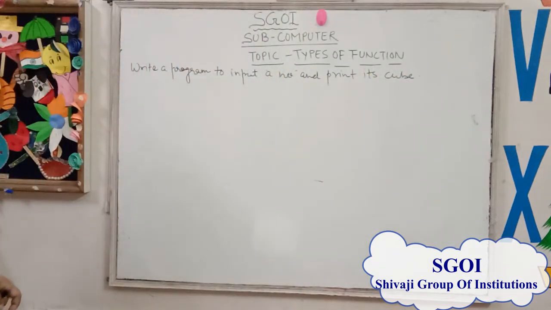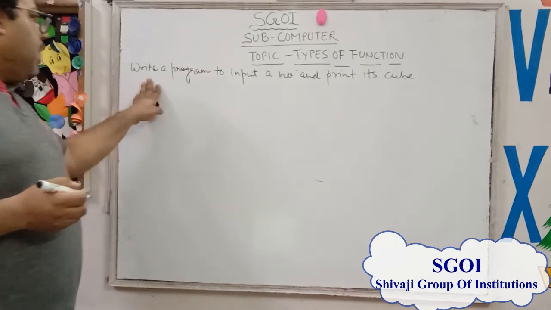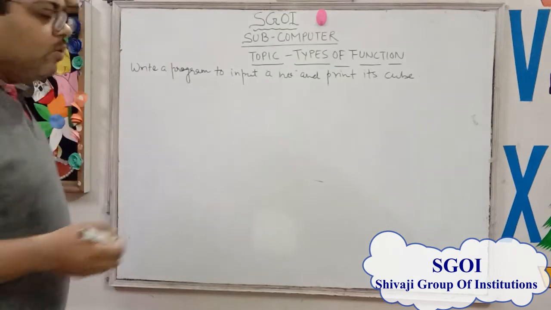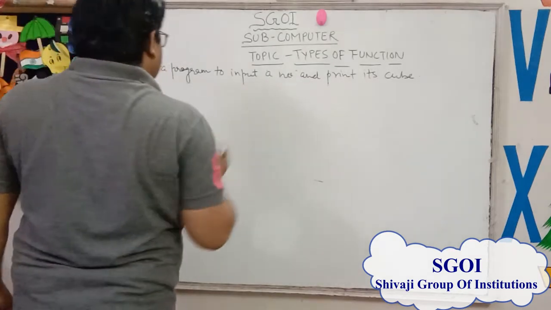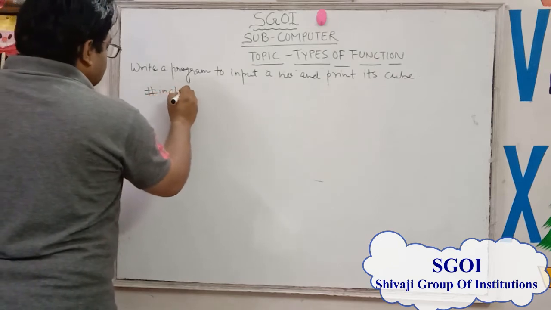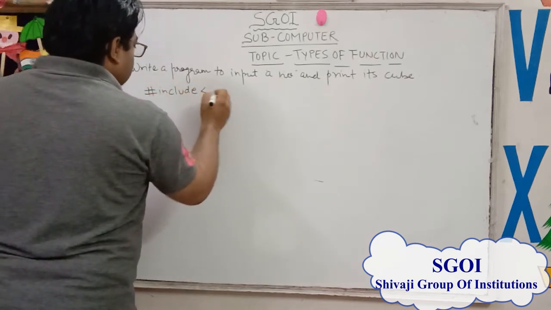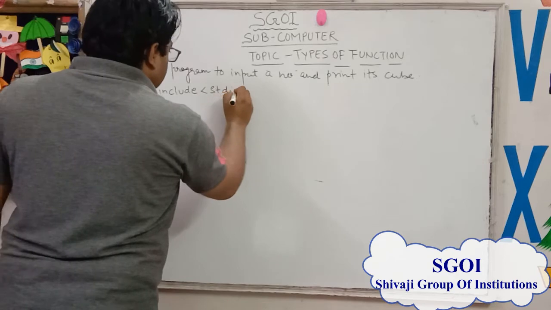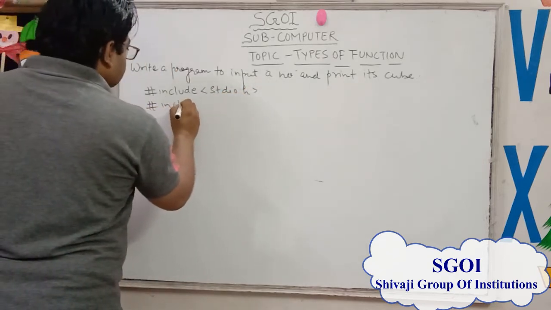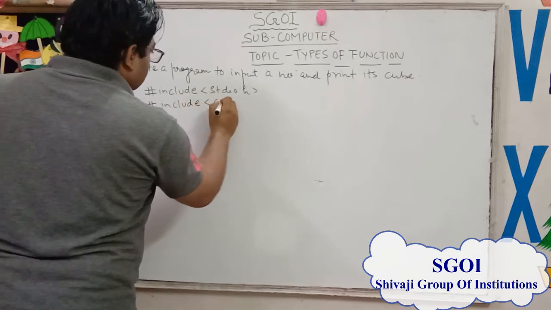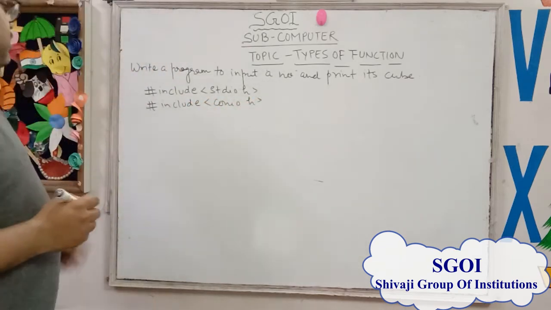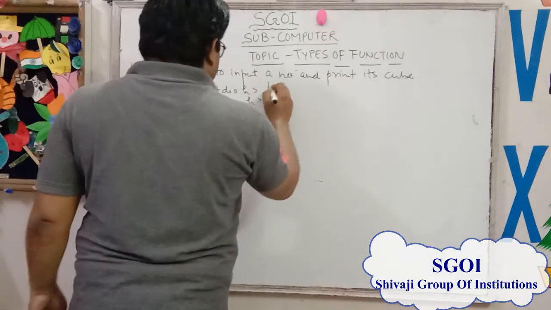Now we understand the program. For understanding this program, firstly we write header files, that is #include stdio.h and #include conio.h.